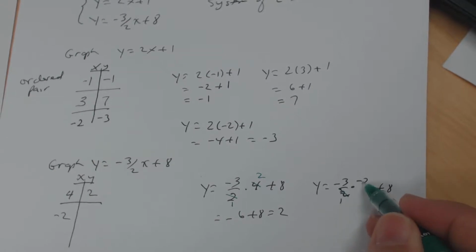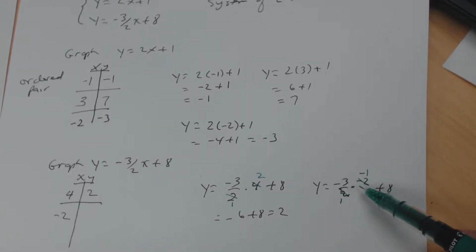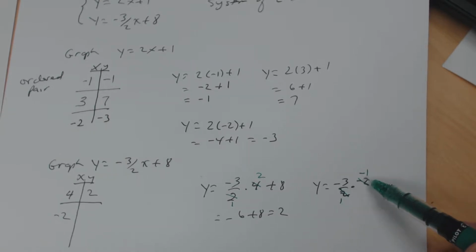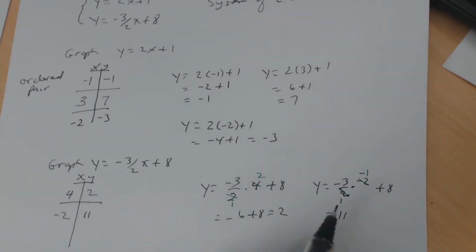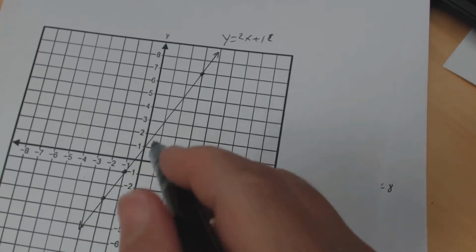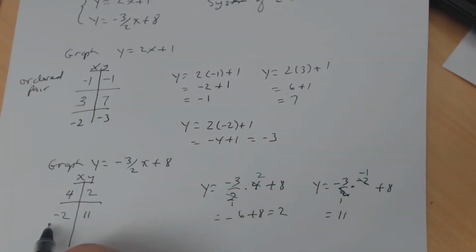So 2 into 2 is 1, 2 into negative 2 is negative 1. But here's what I get. I get negative 3 times a negative 1 is a positive 3. 3 plus 8 is 11. So I get the point negative 2, 11. The problem is that my grid doesn't go all the way. It only goes up to 9. So I really don't want to use this one.